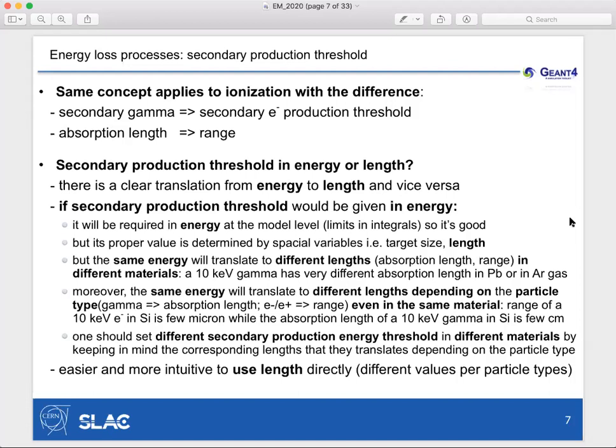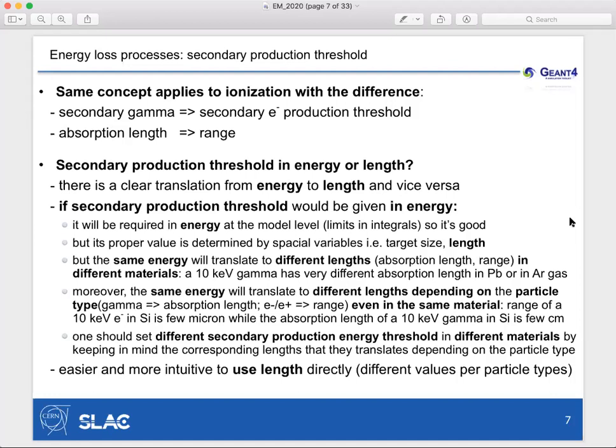Now, also, the proper value will also depend on the particle, whether you have electron or gamma as a secondary particle. So all these things make it a bit complicated to choose a proper value in energy.